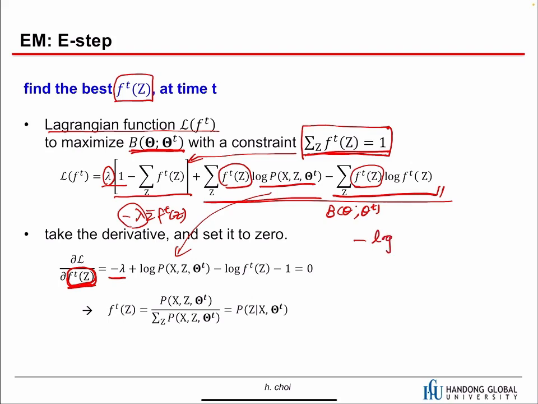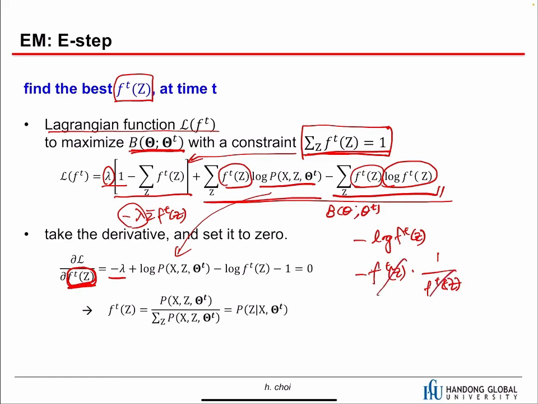So first we focus on this one, we take a derivative of this one, which is minus log f_t(z), and if we take a derivative from this side, then this one will be f_t(z) times 1 over f of z.